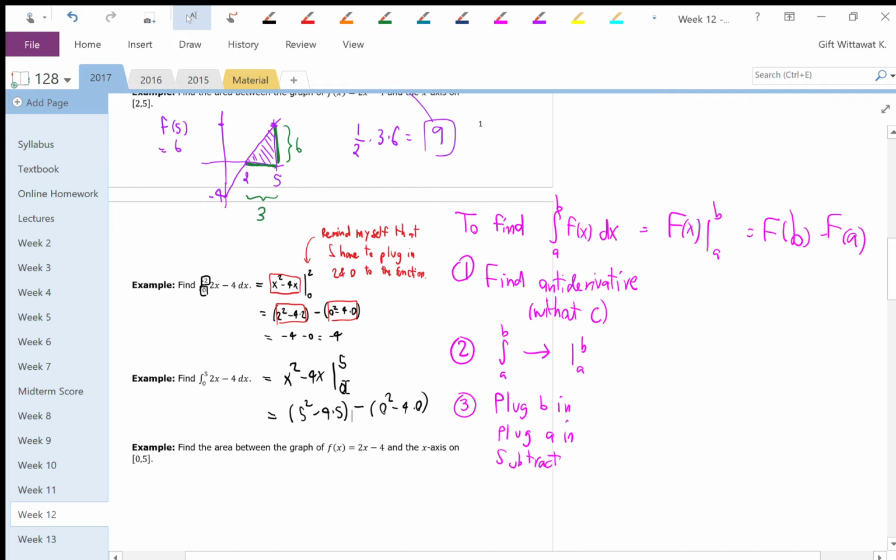By the way, when it goes from 0 to 5, that means you plug 5 in and subtract by when you plug 0 in. So that's how it goes. And then I'm just going to compute this. 5 squared minus 20, so that's 5, minus 0. That gives me a 5. So this is my final answer.